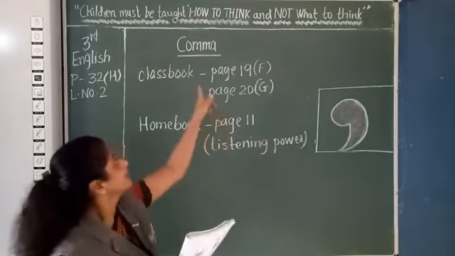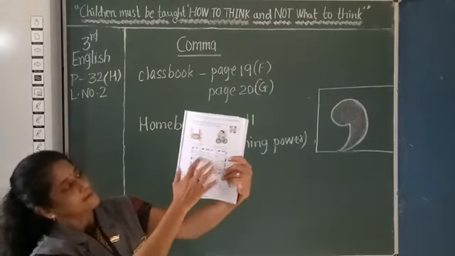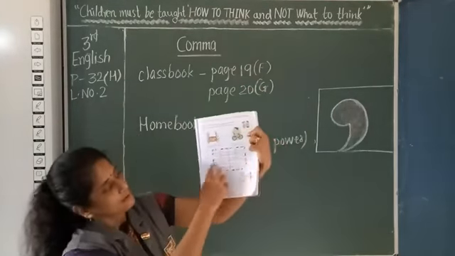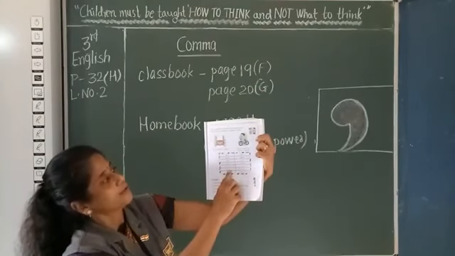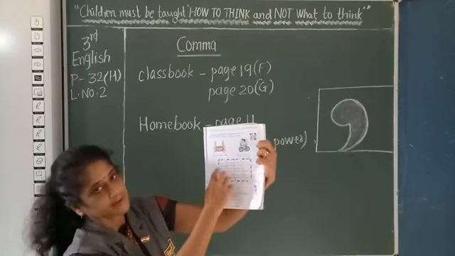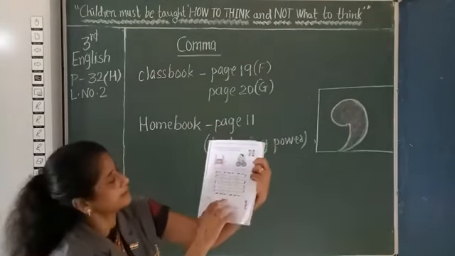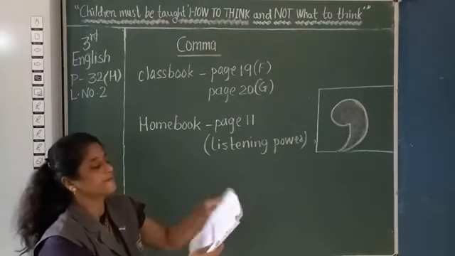Now the homework is from your class book, page number 19. This is the F question. You have to read the words aloud and notice how the sound of C changes. Complete this table of C. Yes, soft C and hard C. Okay. And page number 20, G. That is of commas.